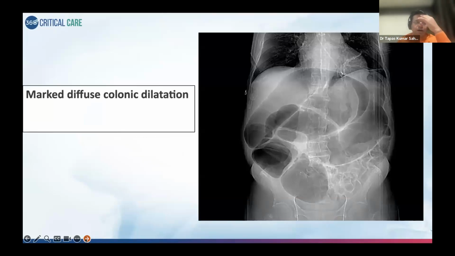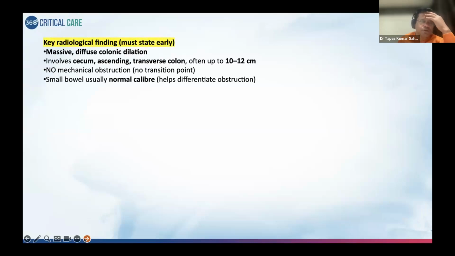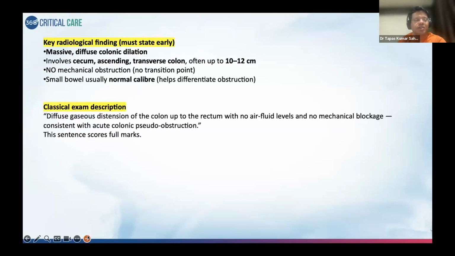What is happening here? Marked diffuse colonic dilatation. What is the clinical syndrome? Yes, ileus, but I'm talking about a syndrome. Ogilvie syndrome. Massive diffuse colonic dilatation involving the cecum, ascending and transverse colon, often up to 10 to 12 centimeter, no mechanical obstruction, no transition point, small bowel usually of normal caliber, which helps differentiate obstruction.